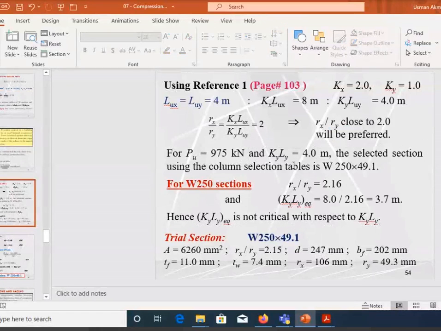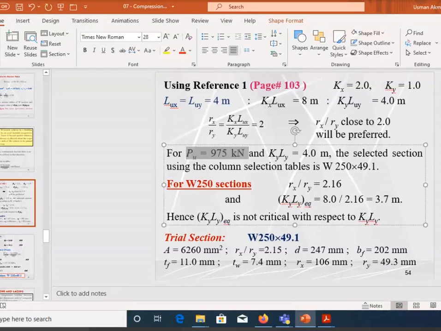Later on, we will also check the capacity with reference to the x-axis. So Pu is 975 and the effective length about the y-axis is 4. So we are supposed to select the first trial section which may have a capacity of more than 975 kilonewton corresponding to effective length 4.